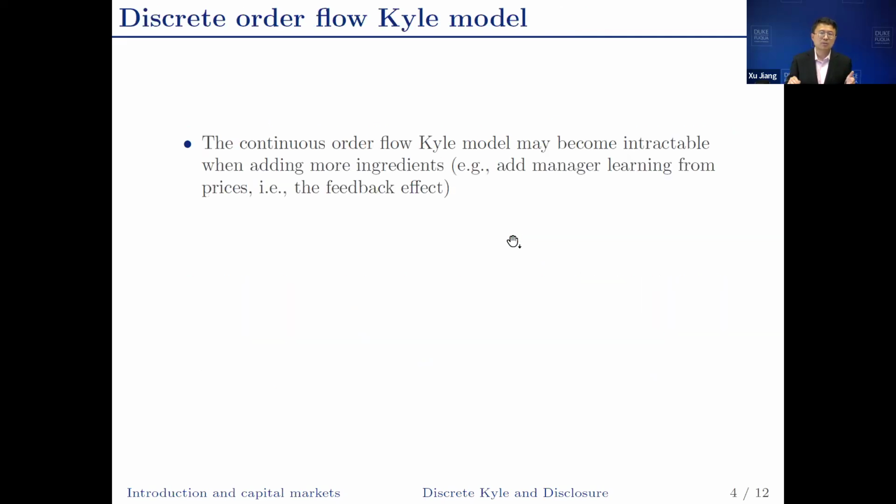Now we're going to switch gears and talk about the discrete order flow Kyle model. Why? Because the continuous order flow Kyle model may be intractable if we add more ingredients, for example, the feedback effect that we're going to discuss in the next module.